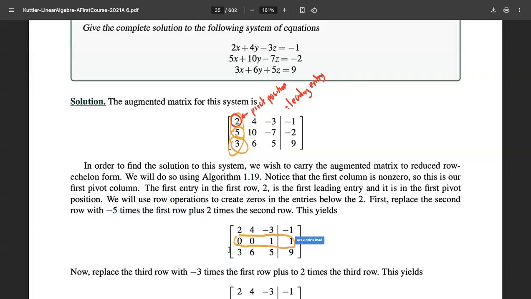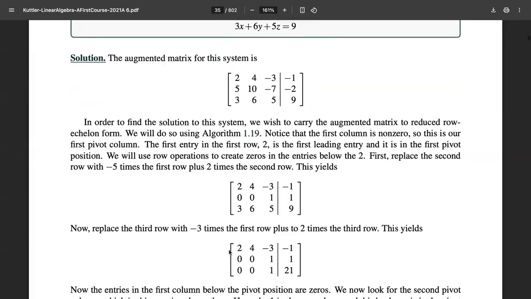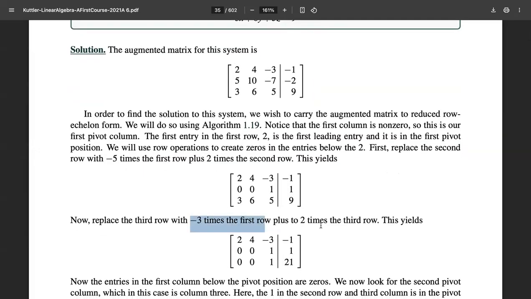And then I want to replace my third row with -3 times the first row plus 2 times the second row. So this would become this. So now we can see that every entry below the leading entry 2 is 0.